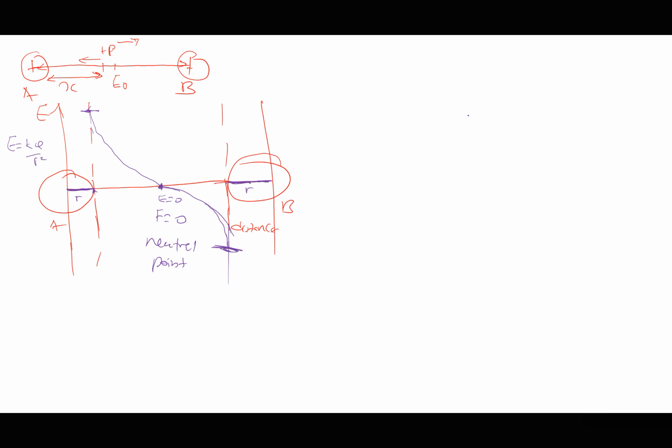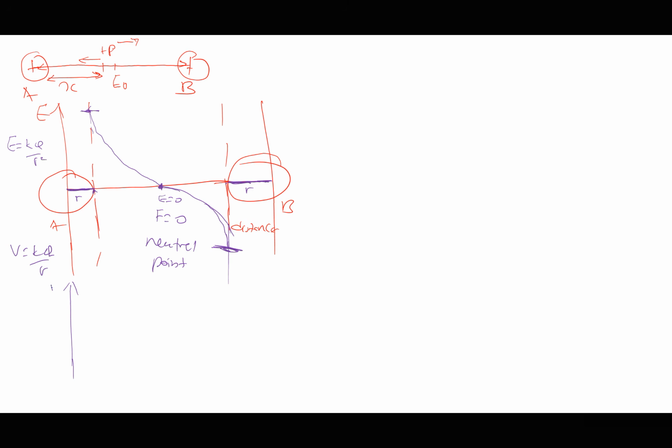But if I find potential for the same two positive charges, surprisingly, because potential is equal to kq over r, the potential depends on the signs of the charge. If both charges are positive, the total potential is still positive.